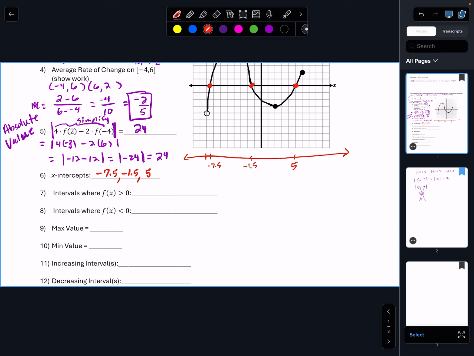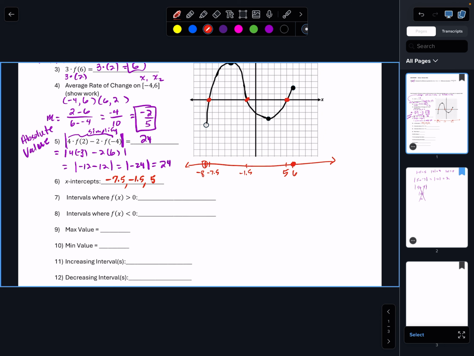So the far left, you're at negative 8, but that's open. And on the far right, you're at 6, and that's closed. We have another kind of unique thing, always trying to add layers, here's one more thing that can happen. And so we're going to see that on 7 and 8.